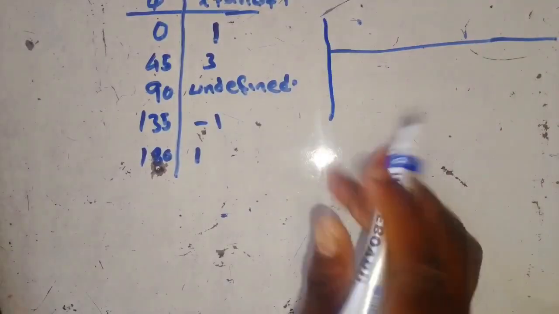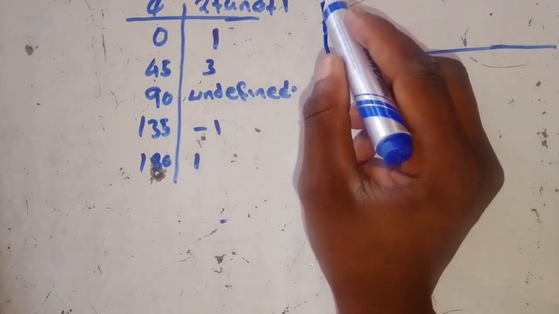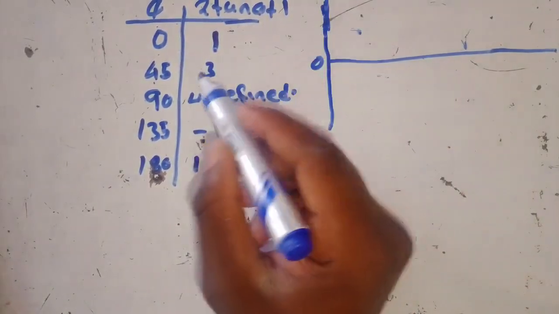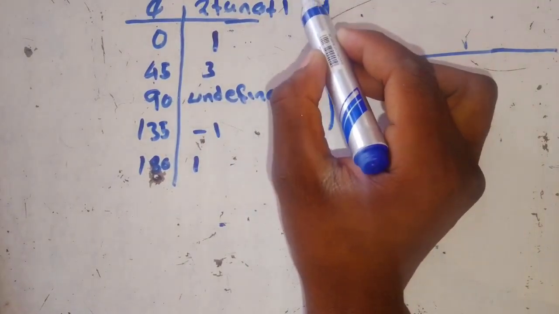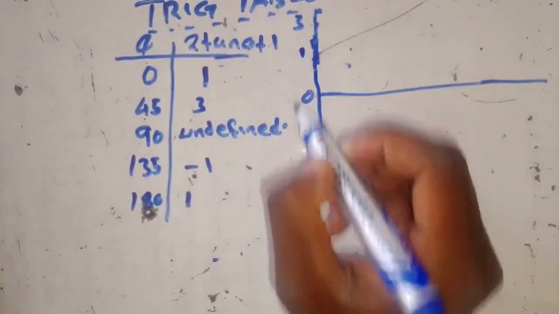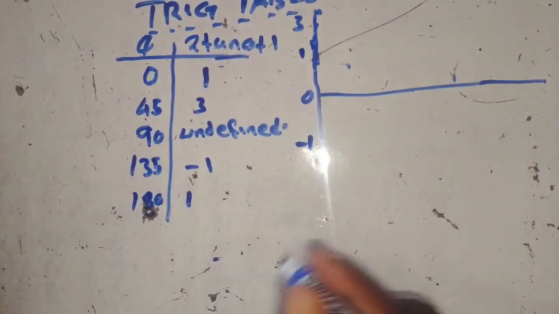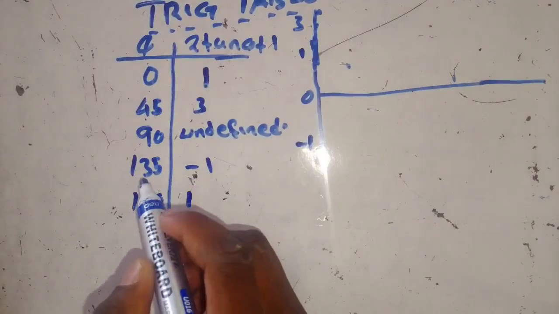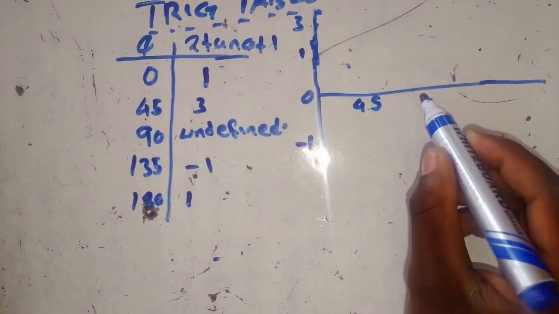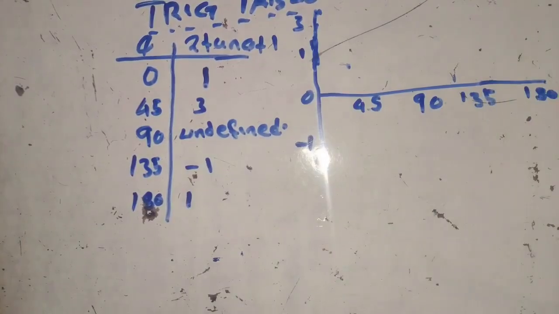I hope you can see from here. So we have 0 here. The highest point is 3 according to this, so we can have 3 on top there, then there's 1. We also have negative 1 down here. Then we have the x values, which are 45, 90, 135, 180. So 45 is close to 0, then 90, 135, and 180, which is the last point.